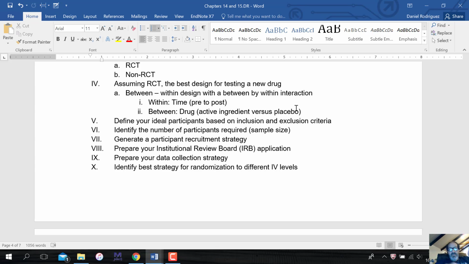So we're measuring it twice. We want to see if there's a change within that individual. That's called a within design. And then the between is between the different groups, drug versus placebo. So ideally we want to do both, right? So we'll actually test for an interaction, a time by treatment interaction.